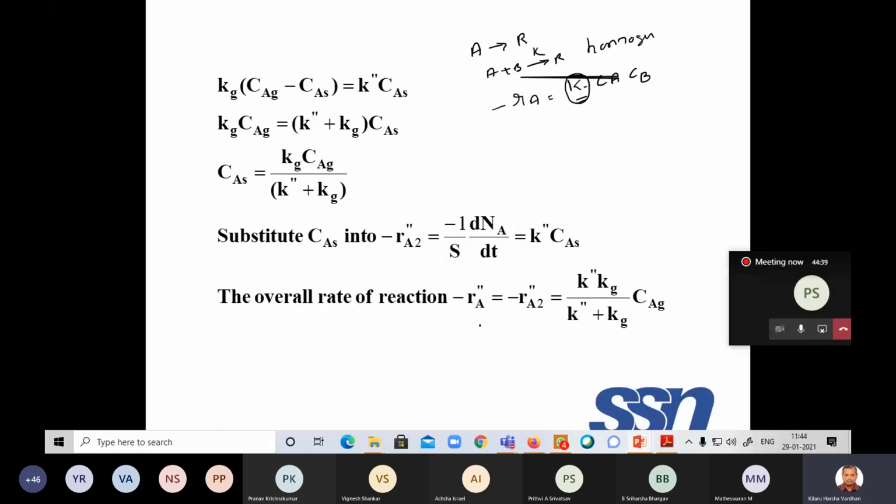So this is how you write: -Ra, or whatever prime you give, is equal to k into Ca, or CAG because this is the gas phase. So this k, you have to write like this, depending on how many phases are involved.